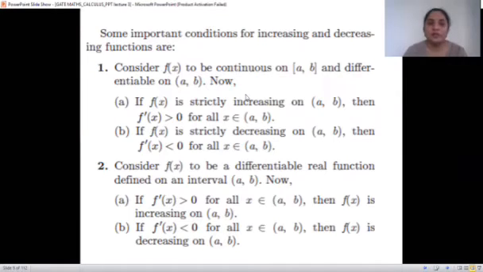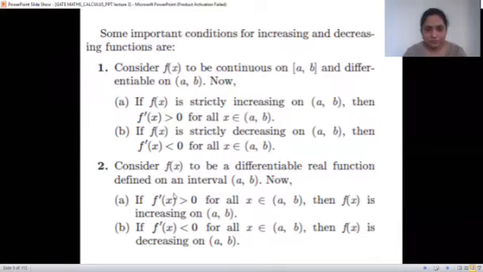Once again, the function is continuous on [a, b] and differentiable on the open interval (a, b), then it will be strictly increasing if f dash of x is strictly greater than 0, and strictly decreasing when f dash x is less than 0. You are noting down; for the next example, we have to use it. So strictly increasing, derivative is greater than 0, and strictly decreasing, derivative is less than 0.